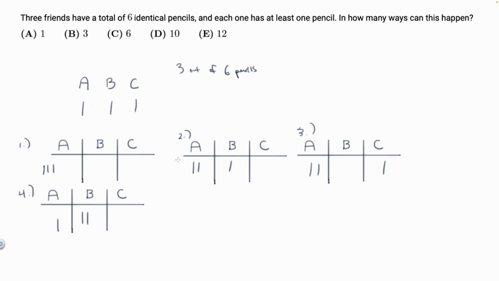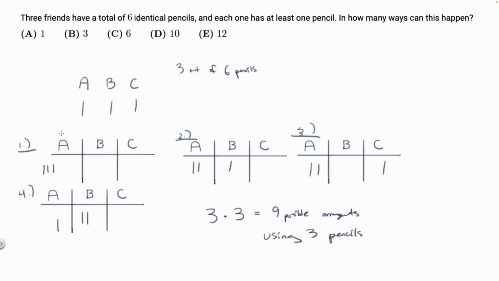So each pencil has 3 possible choices, and then we have 3 pencils. So we multiply by 3, and that gives us 9 possible arrangements using only 3 pencils. We used 3 pencils and we got 9 arrangements since we have 3 per turn.